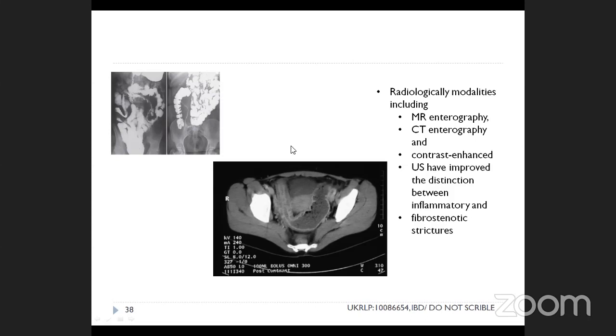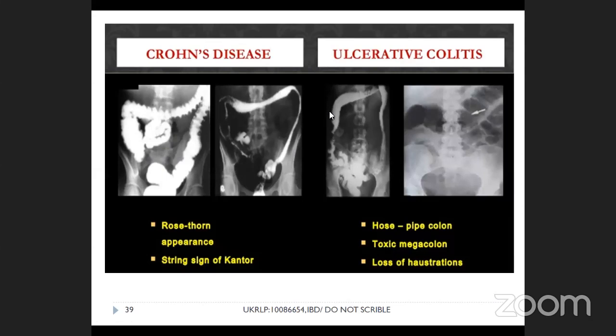So again, this picture shows the rose thorn appearance of Crohn's disease, and the string sign of Crohn's disease, where there are multiple strictures. And this is a lead pipe colon, where there is a loss of haustration in the colon, which can be either Crohn's disease or ulcerative colitis.